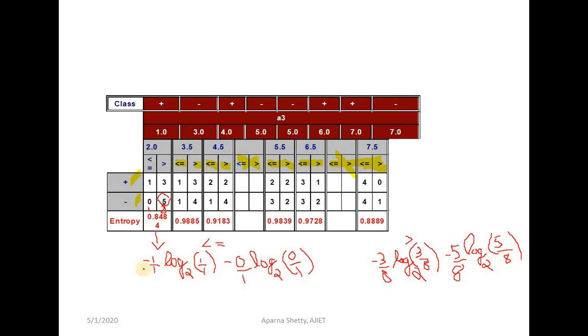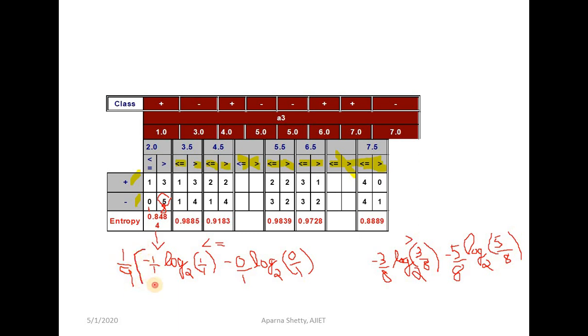Now the overall entropy for split point 2 is: this is 1, correct? 1 divided by the total number of records, which is 9 in the table.